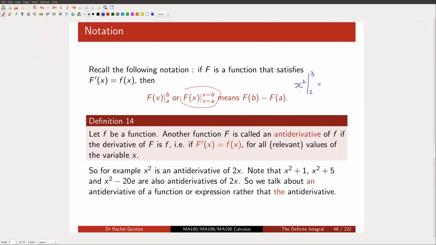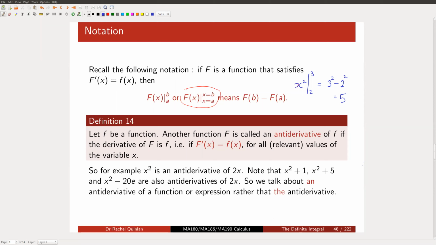What this shorthand notation means is that it's just what you would get if you plug 3 in for x minus what you would get if you plug 2 in for x, which would be 9 minus 4, which would be 5. Okay, so it's just a little bit of notation for making the calculations and the recording of what we're doing convenient while we're writing the solutions to definite integration problems. So it's handy to use, and you know what it means. Okay, so that's just a bit of shorthand.